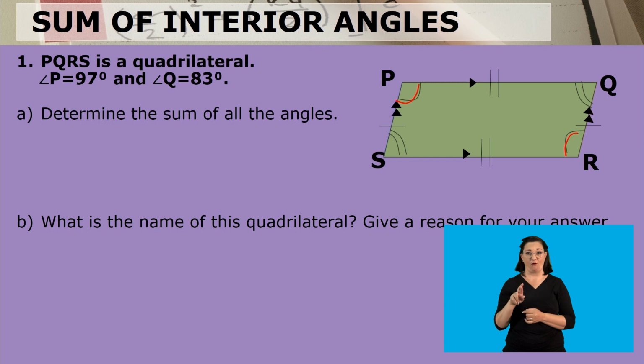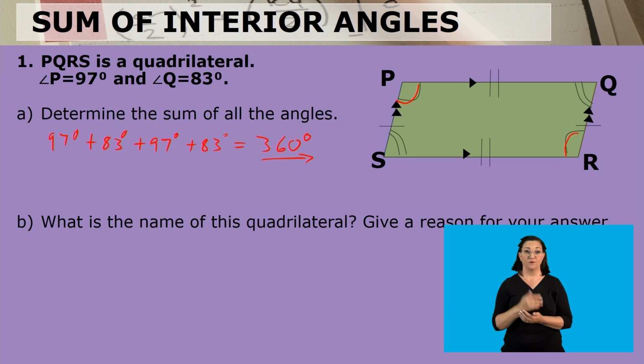If P and R have the same marking, that means they are equal, and therefore we use the same number. So it's going to be 97 plus 83 plus 97 plus 83 degrees. This is the sum of all the angles of that quadrilateral, which gives us 360 degrees. So when we add them, we know that those that are equal have the same value of the angle.